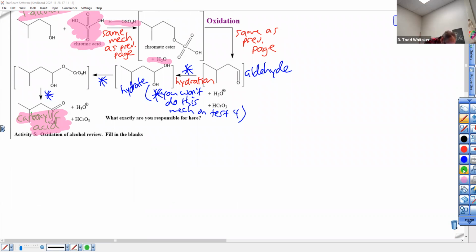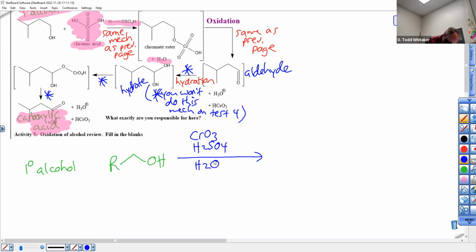So you want the primary alcohol summary? Primary alcohol. Here's your generic primary alcohol. Copy all of this, please, okay? If you react it with CrO3, H2SO4, and water, you're going to get this.